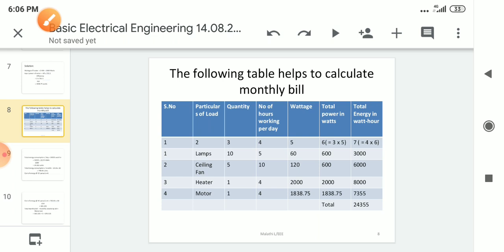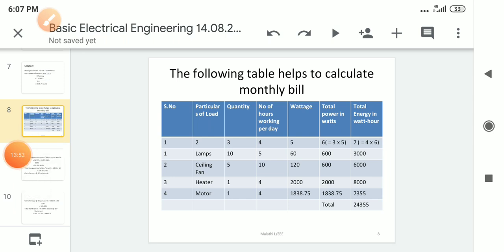First of all, this is a table. If we understand that, then we will move to the previous slide one more time. In this, the question is having 4 different types of load. One is a lamp, the second is a fan, then heater and motor.